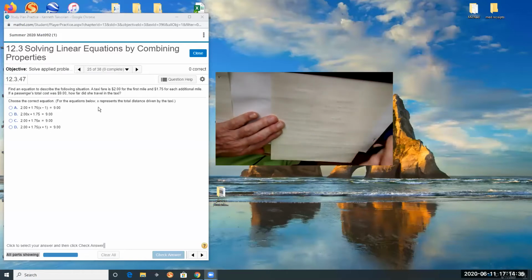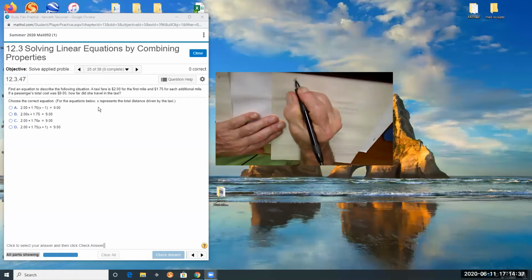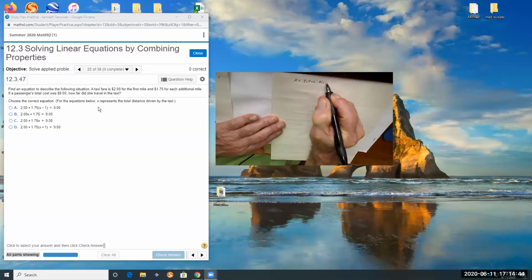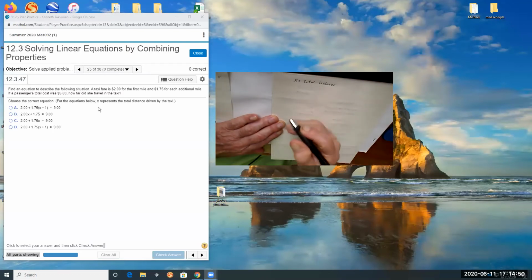Well, the problem's telling us to let x represent total distance. It's important to write this out so that you see what x is. So if x is the total distance, for the first mile that the taxi goes, we're charged $2.